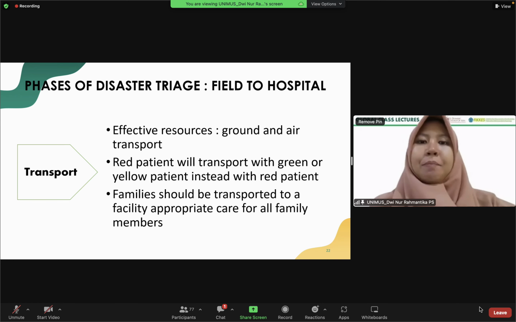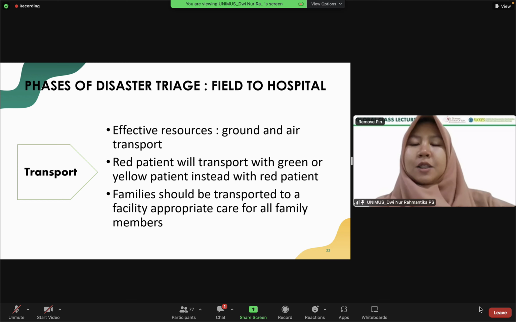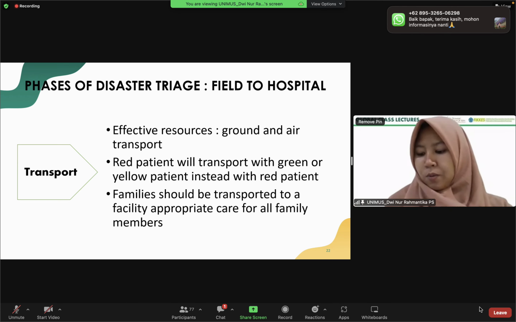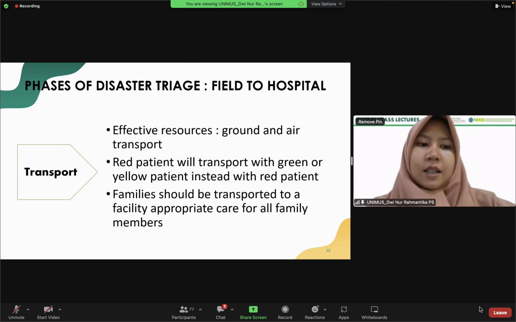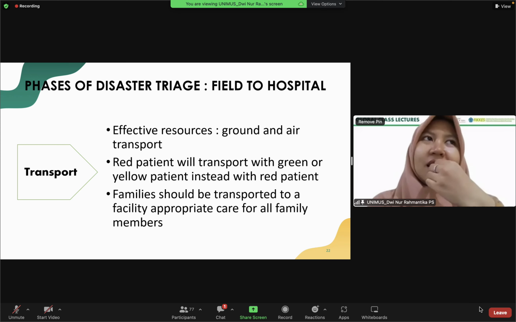Okay, if it has been decided the patient should be transported, try to find the effective resources. You want to transfer them by ground or by air transport. In Indonesia, I think we very rarely use air transport. We commonly use ground transport, even though it takes more time to transport the patient to the hospital.